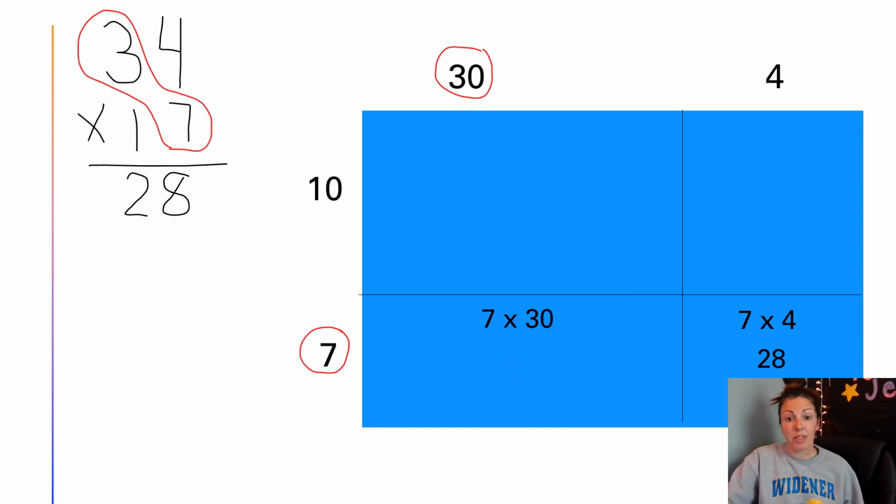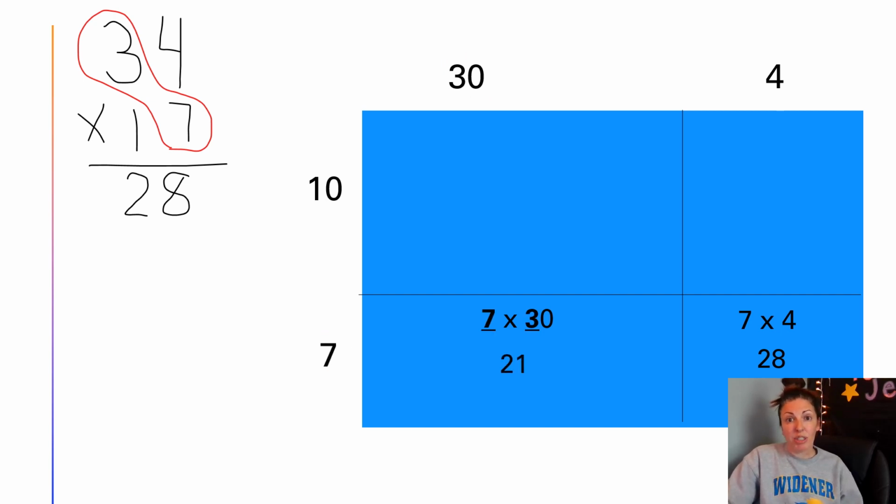So the problem that I'm solving in this part of my area model is 7 times 30. And that problem is a little bit bigger than the 7 times 4 that we just solved. But as we remember, we can break this down and use mental math to help us figure out what our product is.